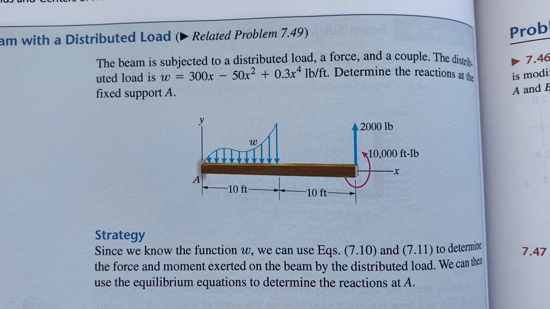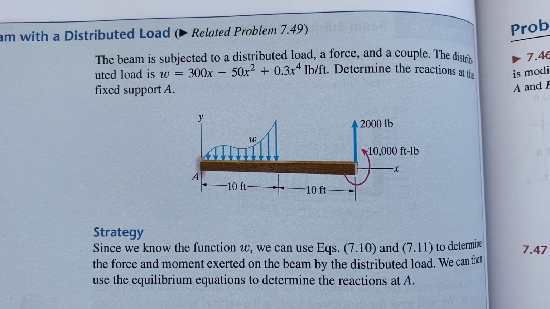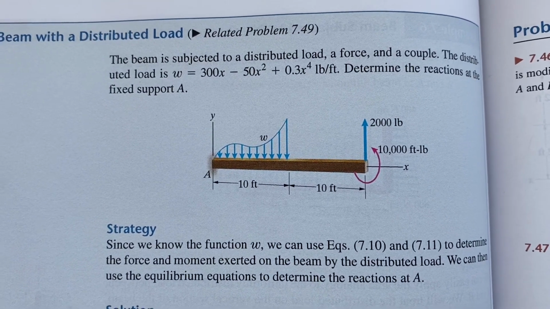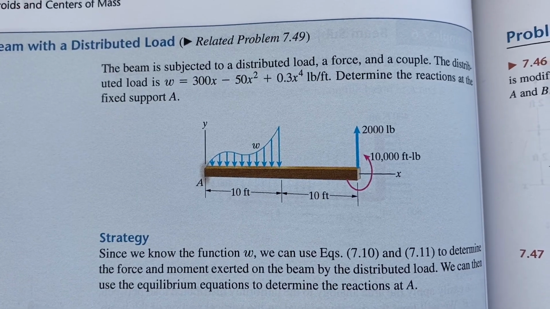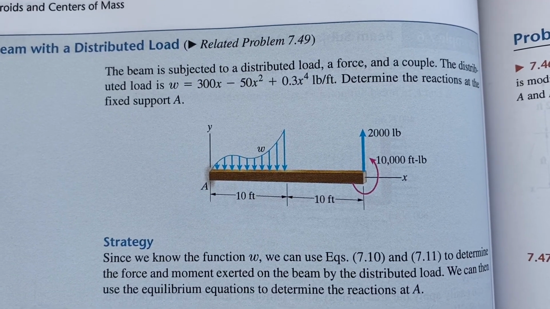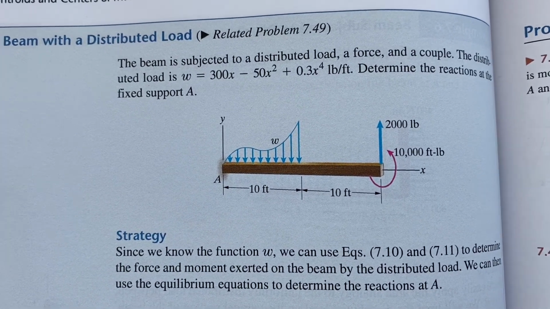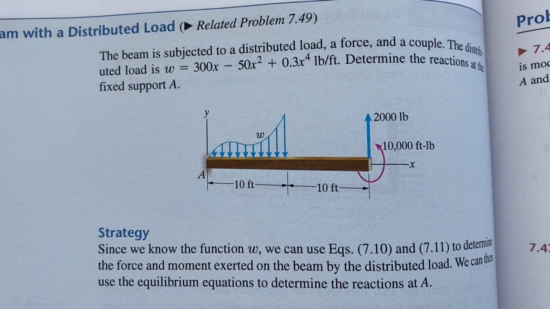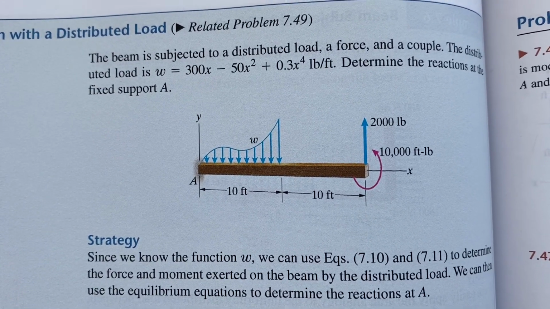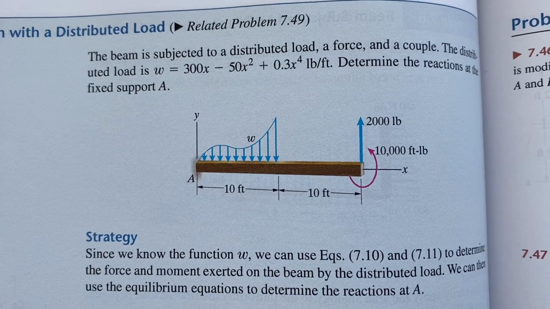We also have these other external forces acting on it too. We have a 2,000 pound force acting upwards at the end of the beam, and also this couple of 10,000 foot-pounds acting on the beam also.